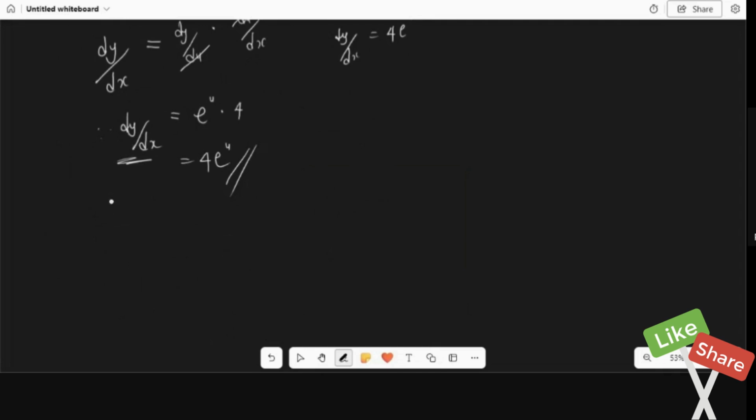If u is equal to 4x, then dy over dx is 4e to the power of 4x. That is the answer. So if we have a function like this, take the 4 and keep it there. Let it be.